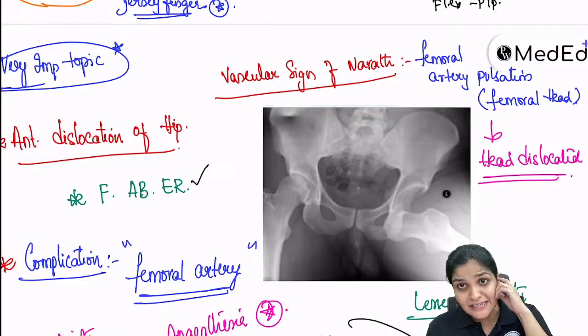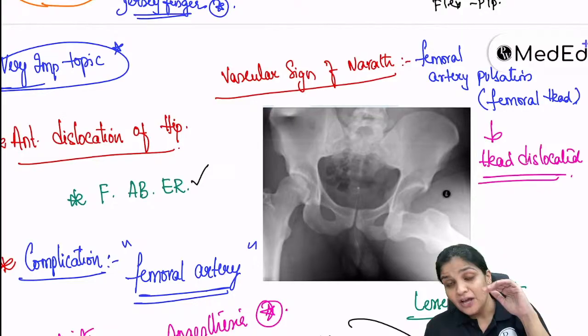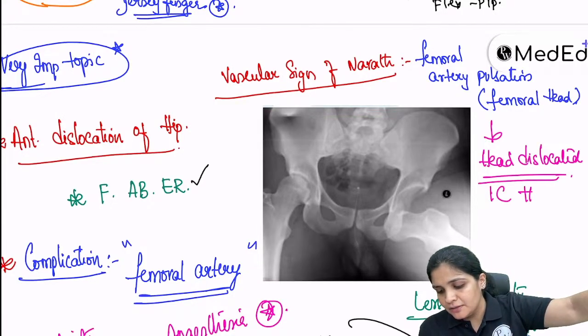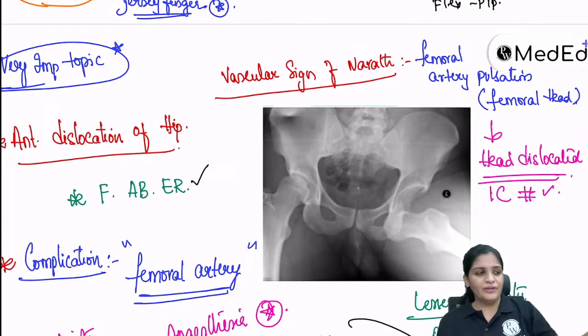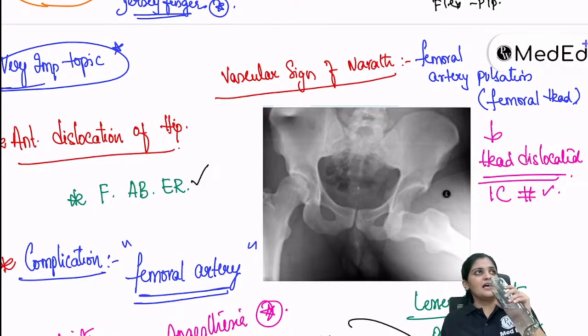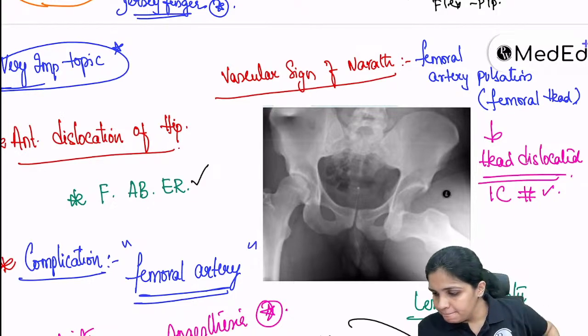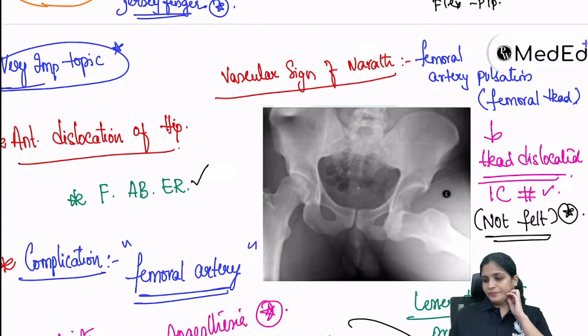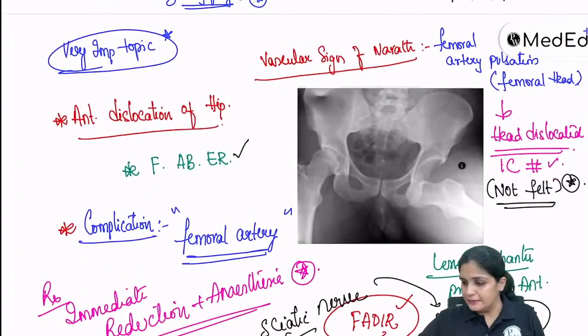Only thing is, because the head is dislocated, you cannot feel the femoral artery over the femoral neck or head, or in IC fractures sometimes. So whenever pulsations are absent, it is vascular sign of Narath positive. Clear? So that is your vascular sign of Narath.